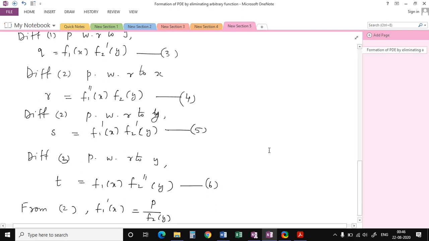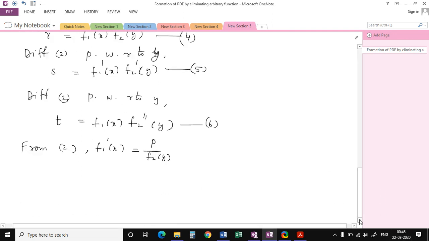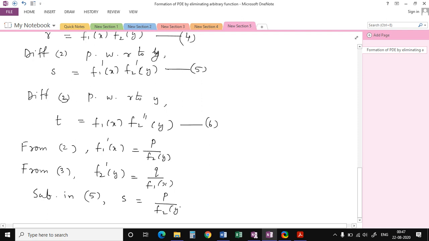And now from equation number 3 we can find out f2'(y), that is f2'(y) is equal to q by f1(x). Next is substituting these values in equation number 5. Then s is equal to p by f2(y) into q by f1(x).